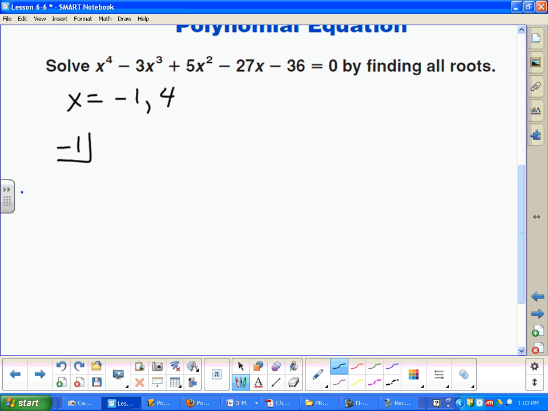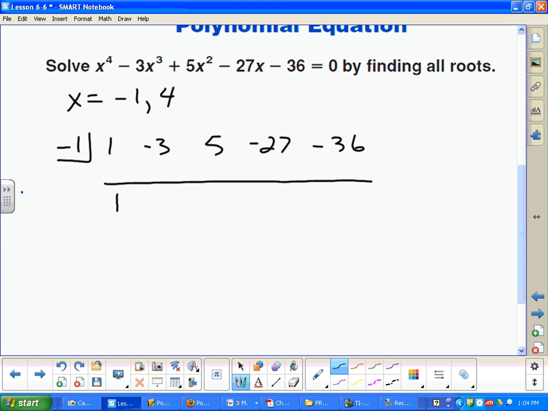It does not matter which one I use first. It's just that in this case, because I have 2 zeros that I know, I'm going to do synthetic division twice, once for each zero. After I do it with the first zero, then I'm going to use the other one to follow it up.